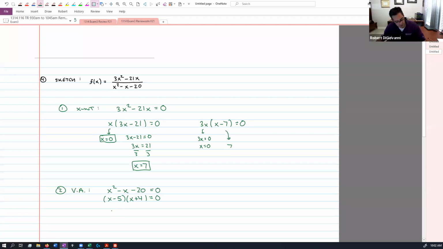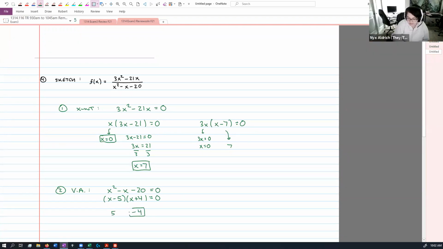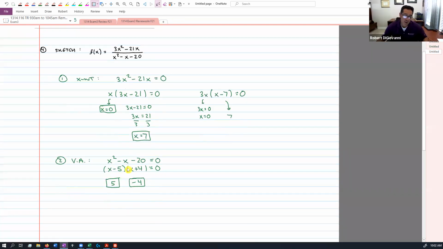And then you set those each equal to 0 and get 5 and -4. Yes, sir. Okay, good. So we're not showing the work here, but this is that same thing that we did before, where you take the 1, you multiply it by -20, you get -20, and then in the middle you have -1. And so your 2 numbers are -5 and +4.